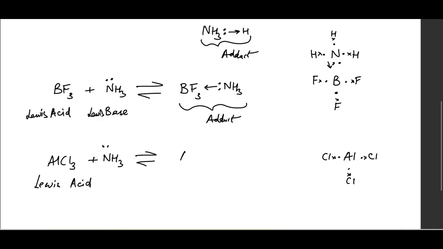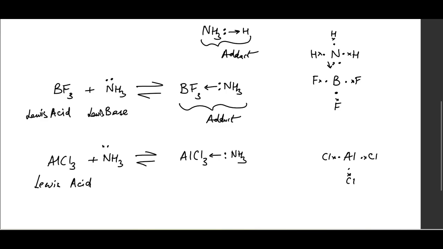In this case, it will be AlCl3, and that lone pair of electrons for sharing is donated. Normally in a covalent bond, one electron is taken from one element and the other from the other element, and they share. But here, for sharing, both the electrons are donated by one of the species only, because it has a lone pair of electrons.